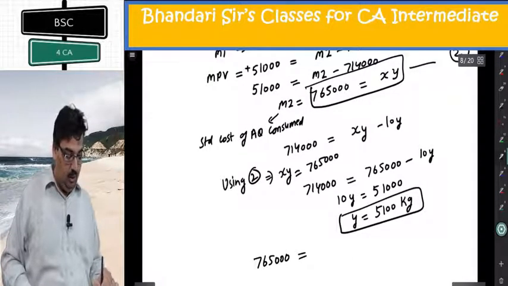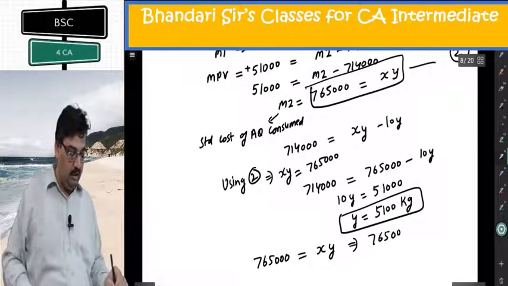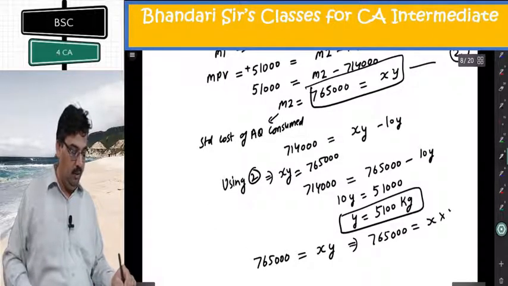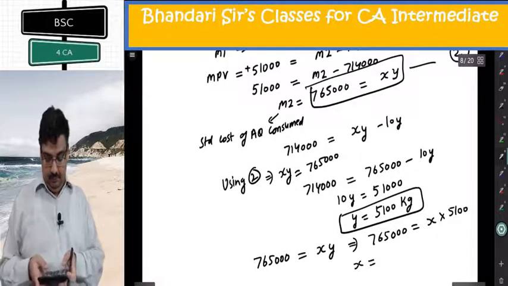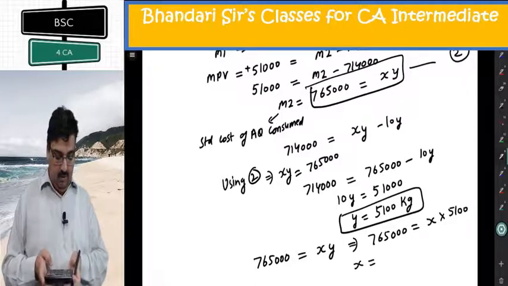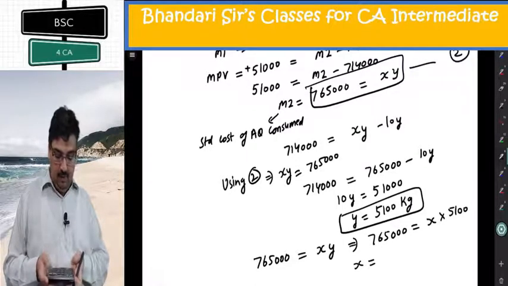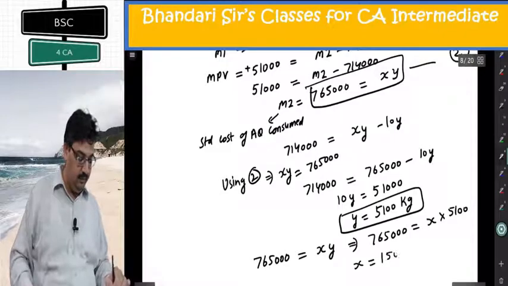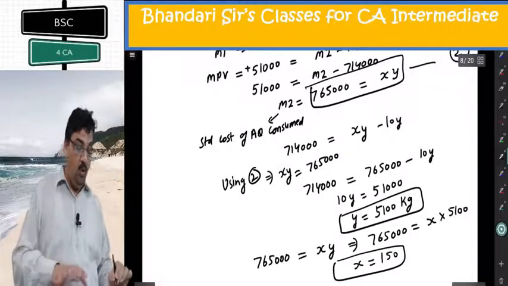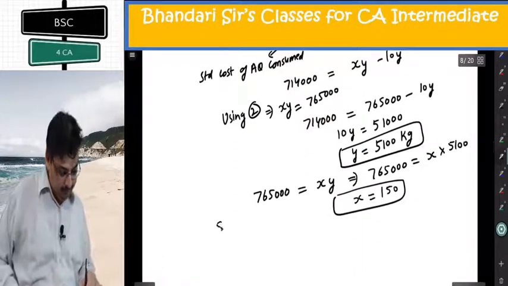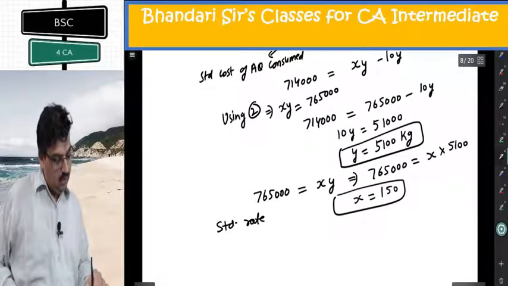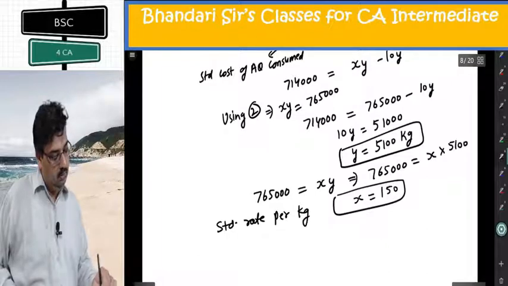7,65,000 is equal to XY implies 7,65,000 is equal to X into 5,100. X equal 7,65,000 divided by 5,100, that is 150. What was X? Standard rate per kg, rupees 150.